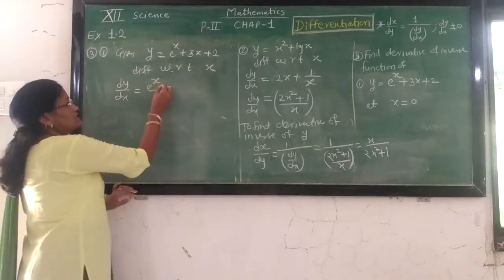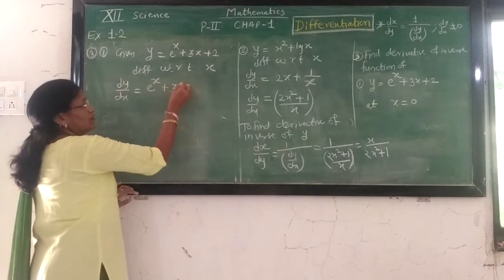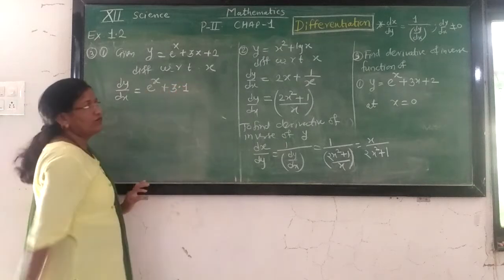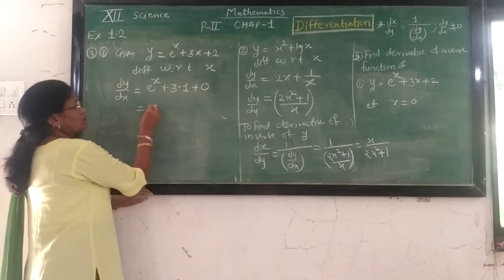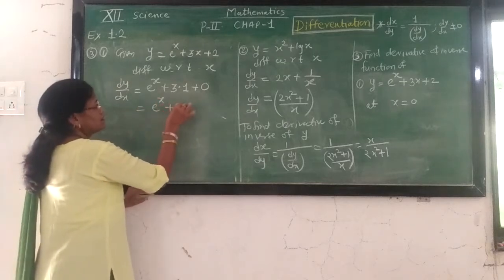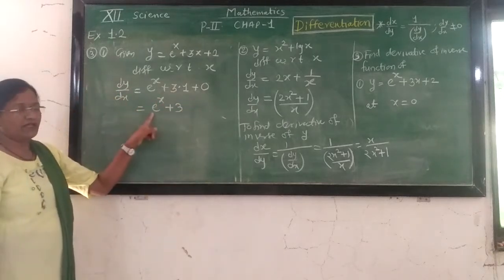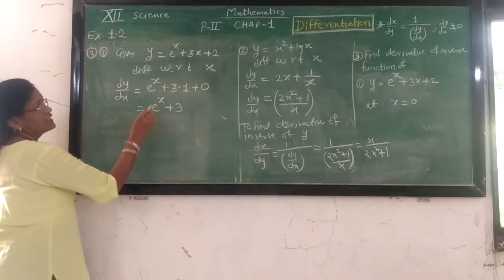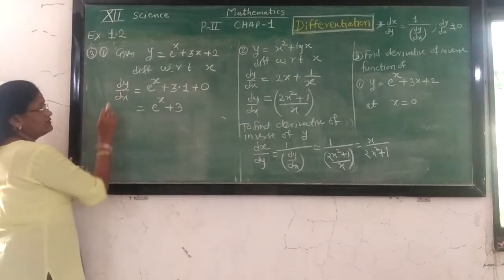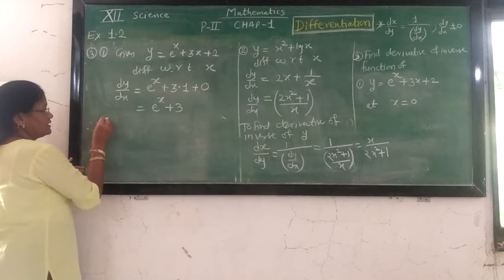Next, 3x: 3 is constant, and that of x with respect to x is 1. And that of 2 is equal to 0. So we get the derivative of y with respect to x as e raised to x plus 3, which is the value of dy by dx.